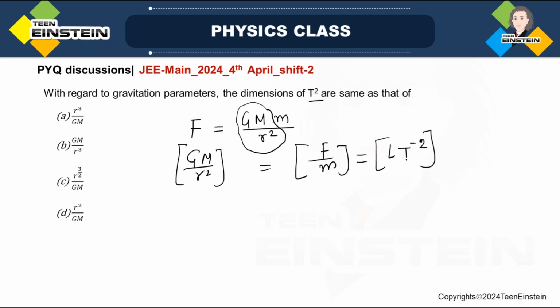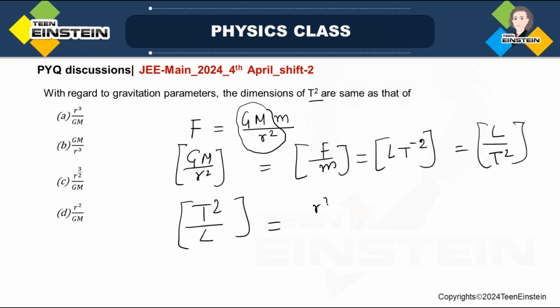Now I have to get dimension of t square. Let me write this as L by t square. Okay, so t square by L could be r square by GM, this one. Then if I have to get t square dimension, then I have to multiply by r here, so that it becomes t square, right?